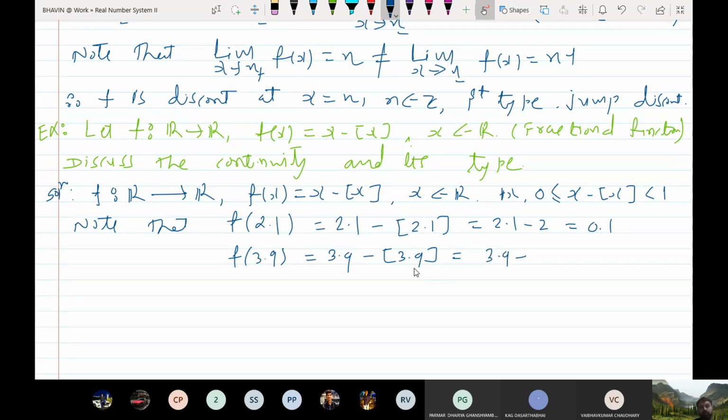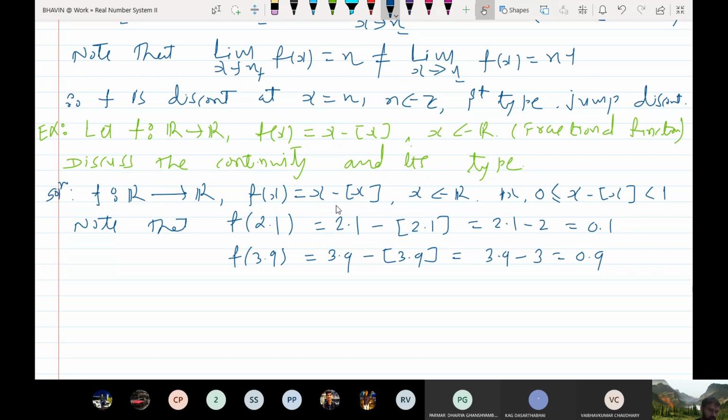Abhay, tell me the value of this. 3. Yes, so you will get the answer 0.9. So now you can see that this value always lies between 0 and 1. If you take x equal to 0, directly you will get 0. Or if you take x an integer, for instance x equal to 5, then 5 minus bracket 5 is 0. So 0 is included, but 1 is excluded.